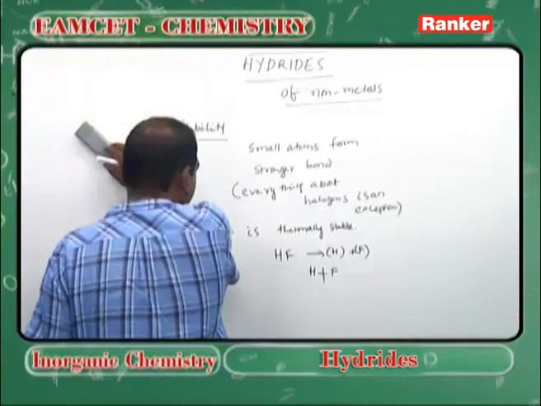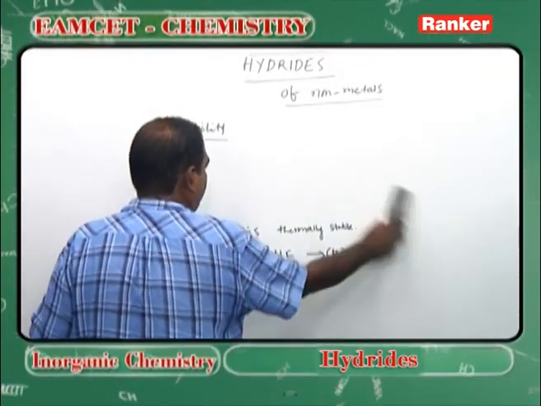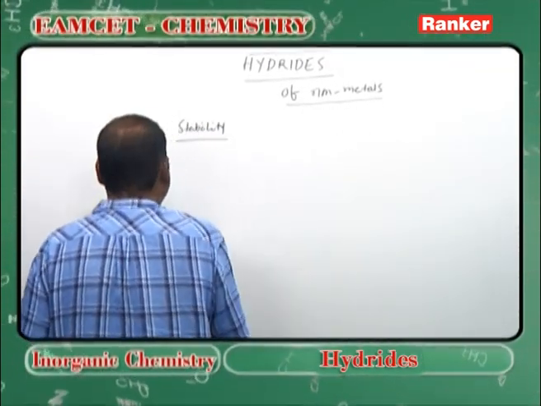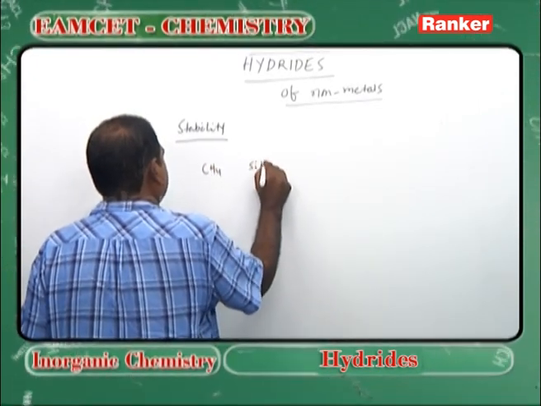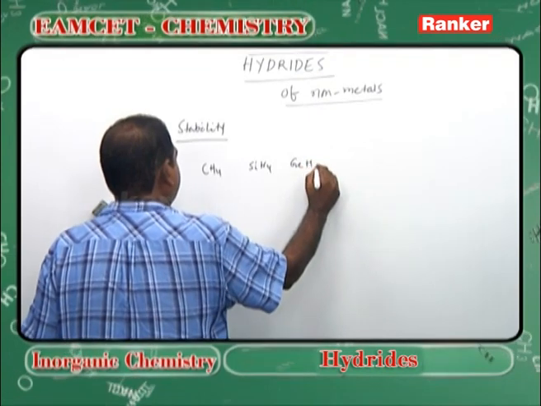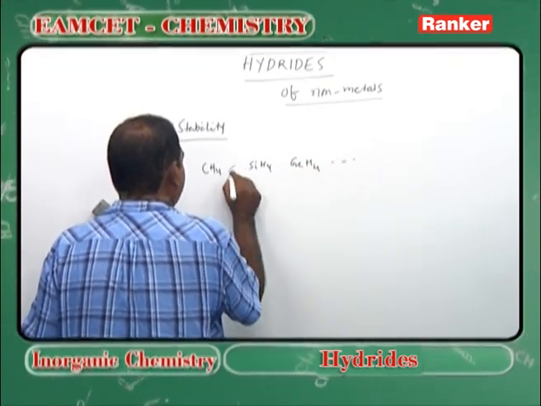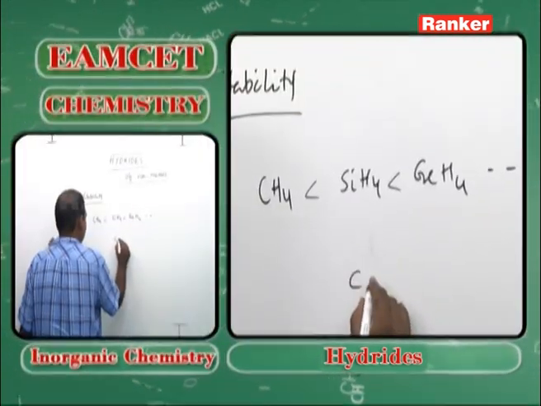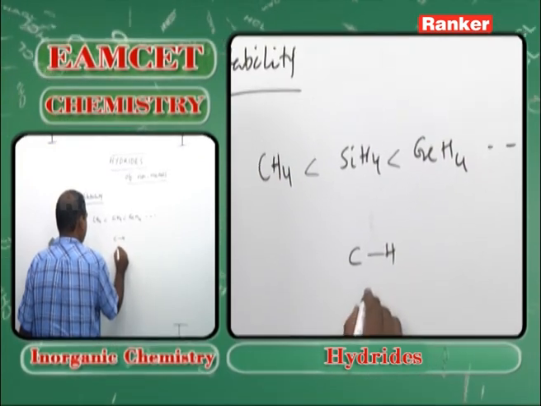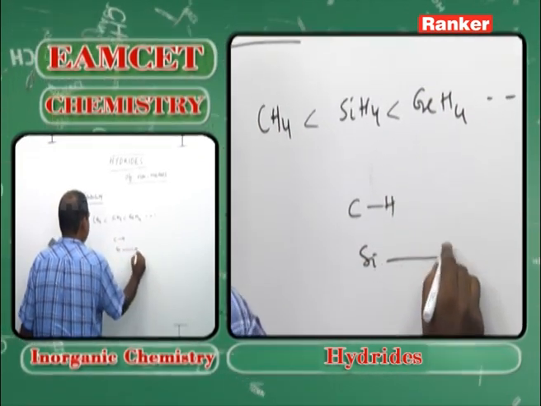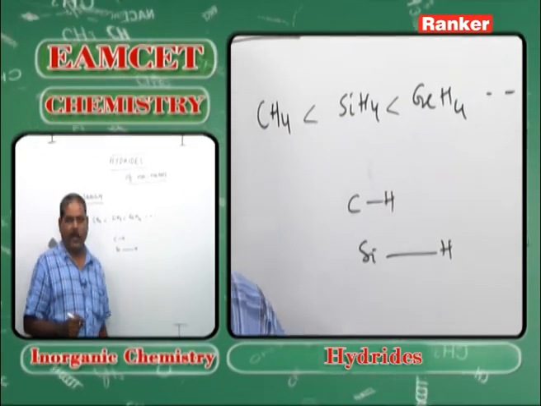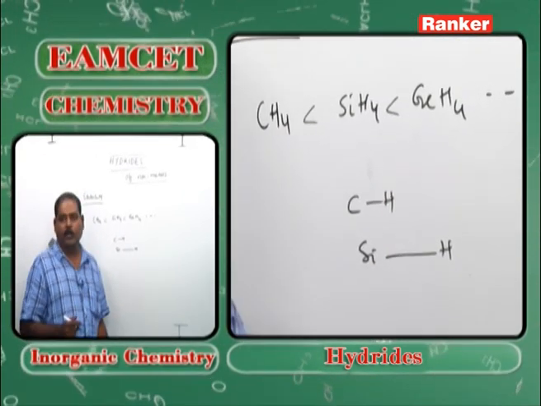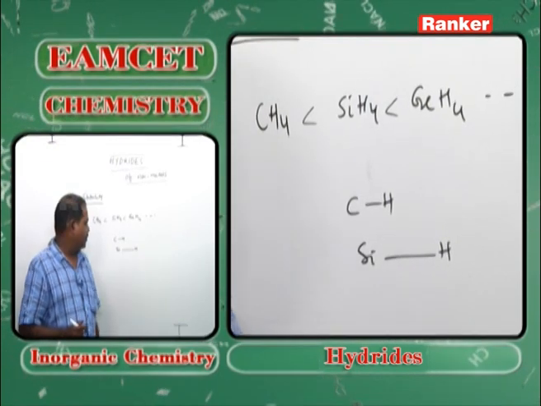So, the thermal stability of hydrides of the fourth group: methane, silane, germane. Now predict which is most stable? Methane. Why? Carbon is a small atom; the silicon hydrogen bond is a little longer. Smaller the size, greater the overlap, stronger the bond, and more stable is the molecule.